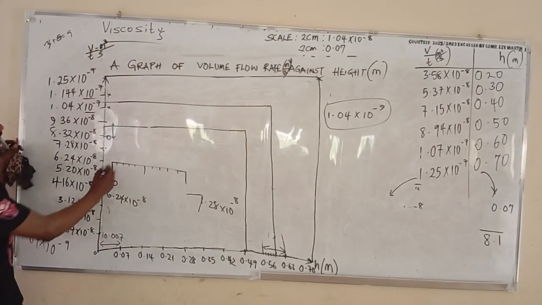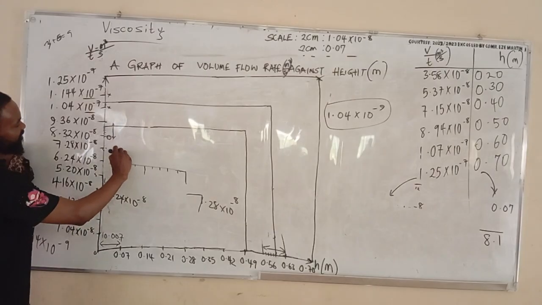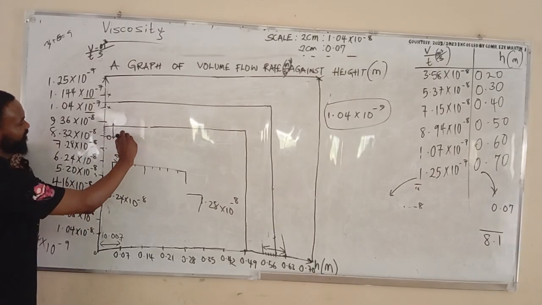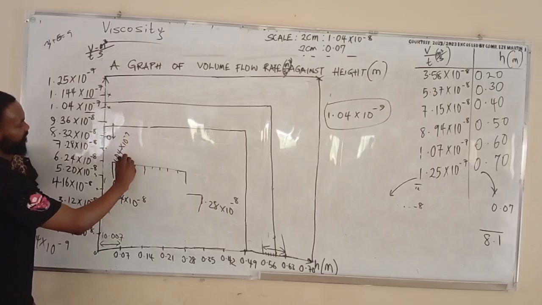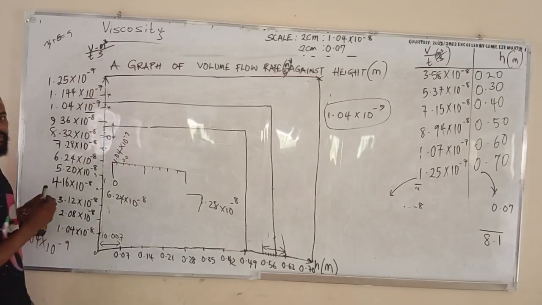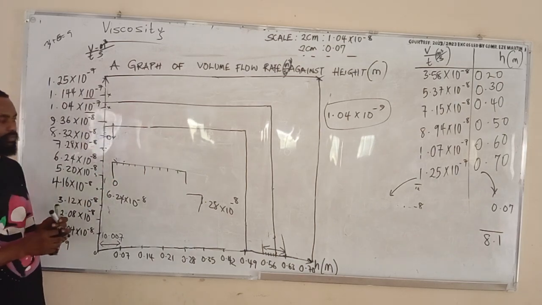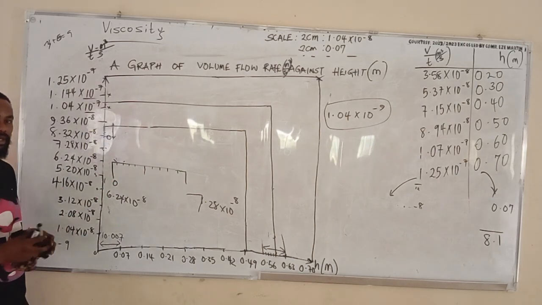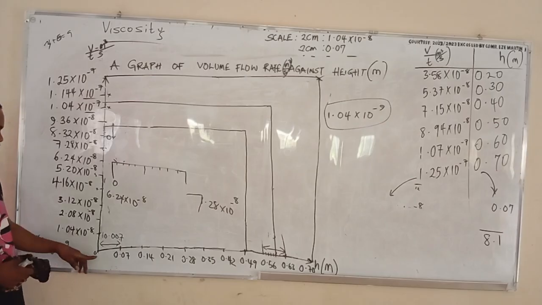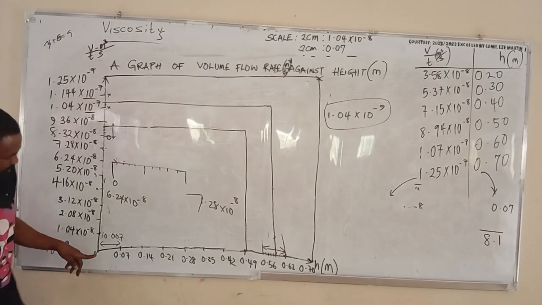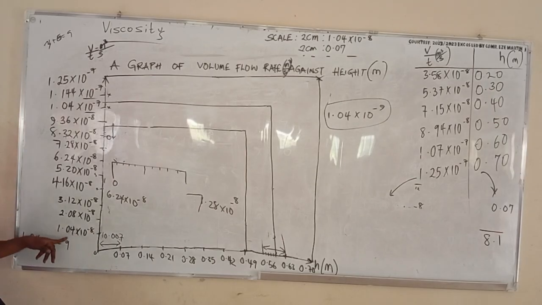Alright. So this one is raised to power minus. And if you do this, from here to this point is 1.04 times 10 raised to power minus 8. Do you agree? Yes. So we are saying this is the value. We added this thing 2 times and we got this one.